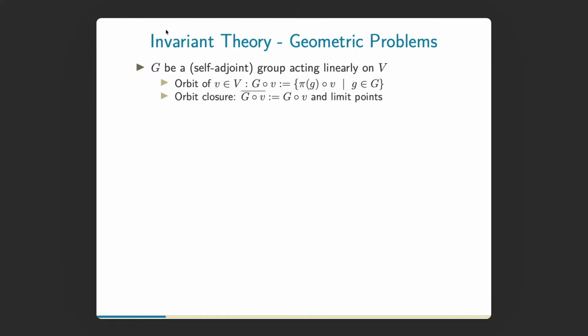Okay, so we have these examples. Once I have this group action, there are geometric objects that naturally appear. What are these geometric objects? Well, this is the orbit of an element of my vector space: take all possible actions of the group on V and take that set. That gives me an orbit, right? For example, if I take A, what's the orbit of A under conjugation?